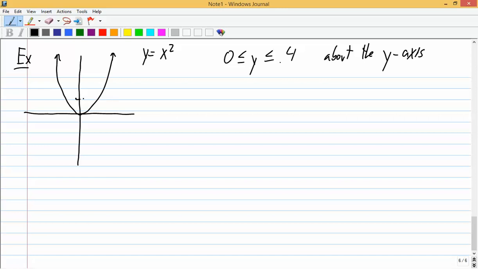Okay, so 1, 2, 3, 4. So this region right here.